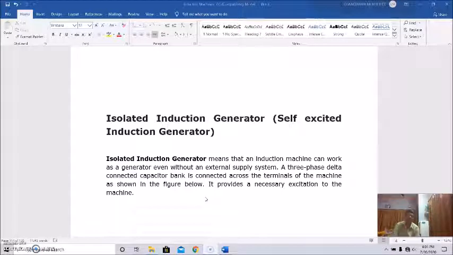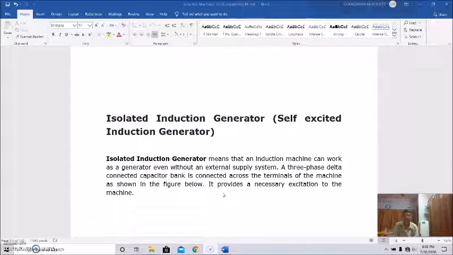A three-phase delta-connected capacitor bank is connected across the terminals of the machine, as shown in the figure, and it provides the necessary excitation to the machine. So the reactive power is generated with some arrangement without getting it from an external supply system. That's why it is called a self-excited induction generator, and this type is known as the isolated induction generator.